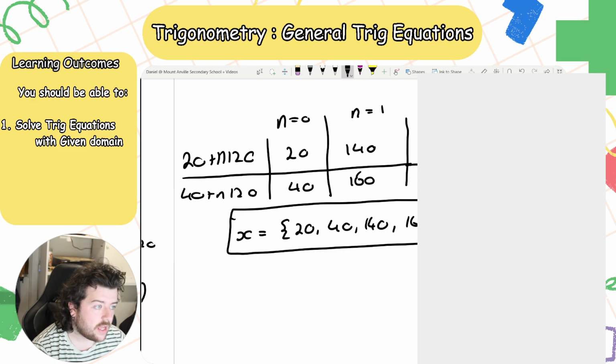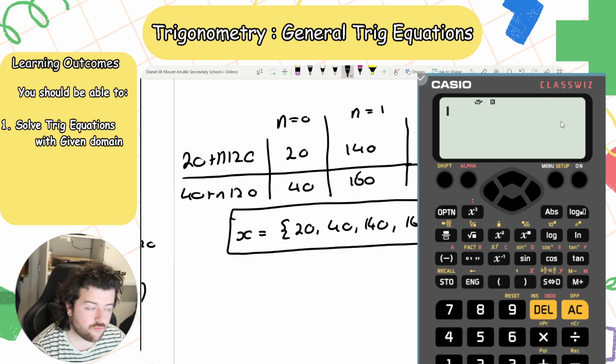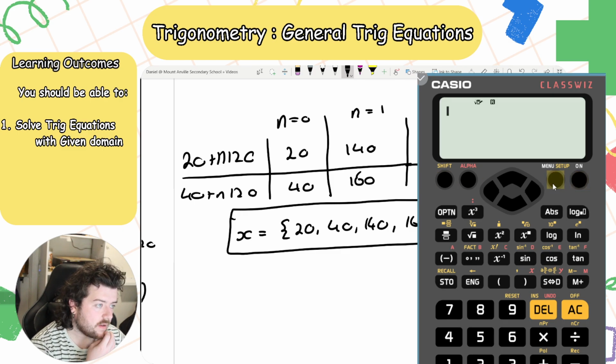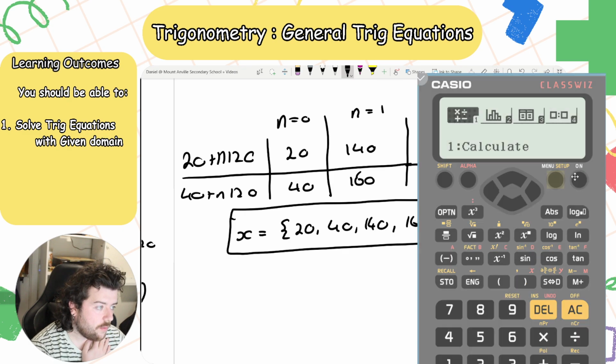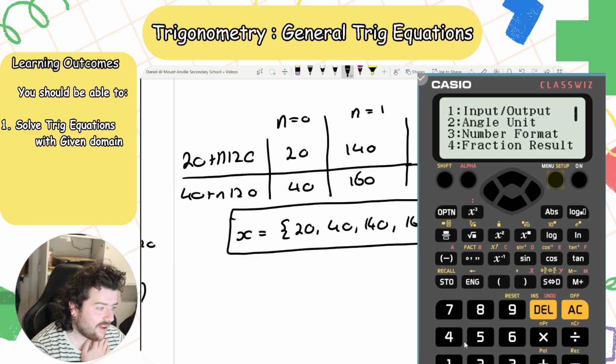My calculator is in radians. I have to make sure it's in degrees. So shift setup, angle unit.